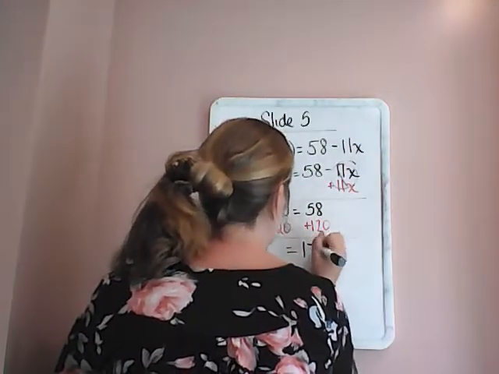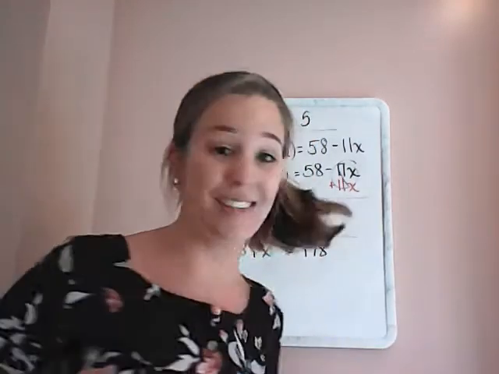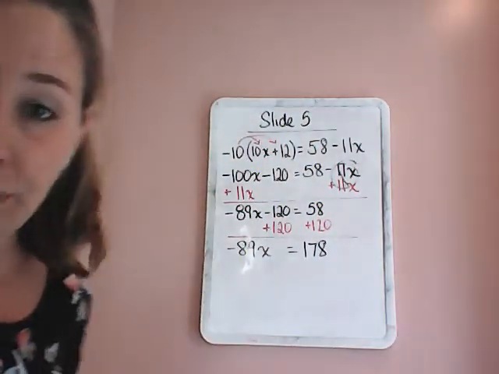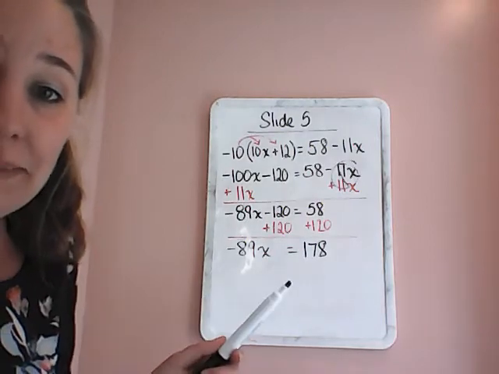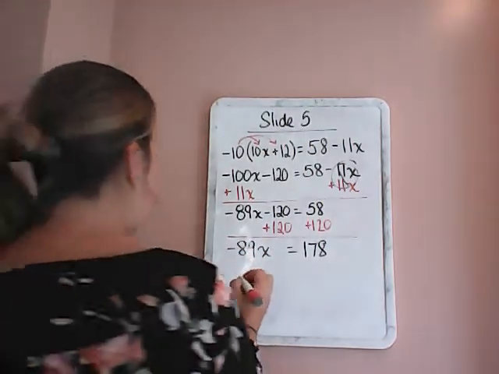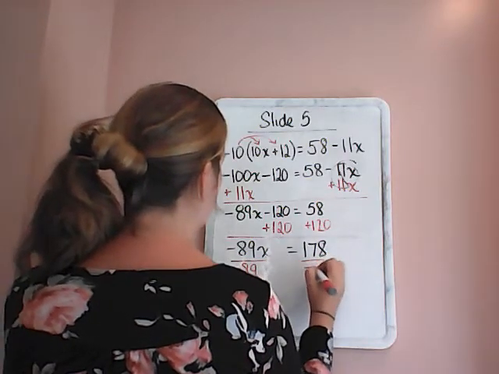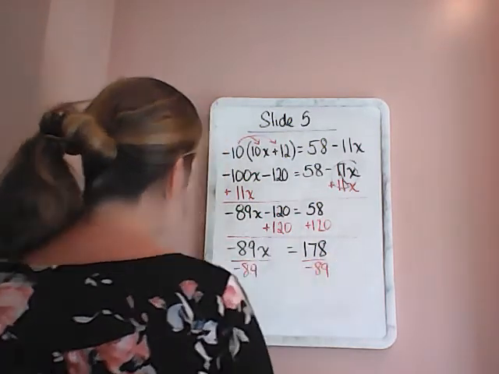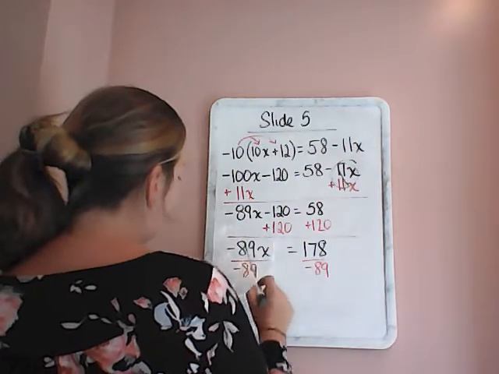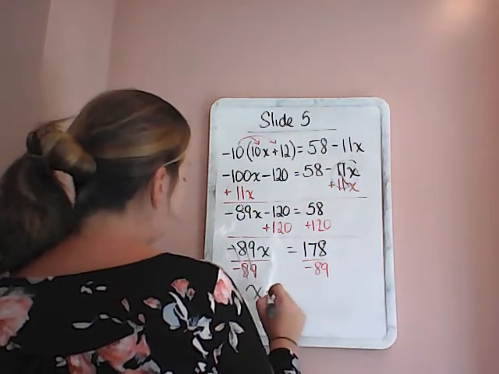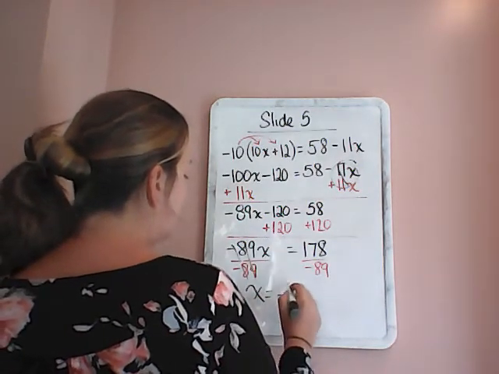I should be able to do that in my head, but sometimes, just like you kids, I panic when I'm on the spot. Negative 89 times x, the inverse is to divide. Cancel, cancel. X comes down, and this becomes negative 2.